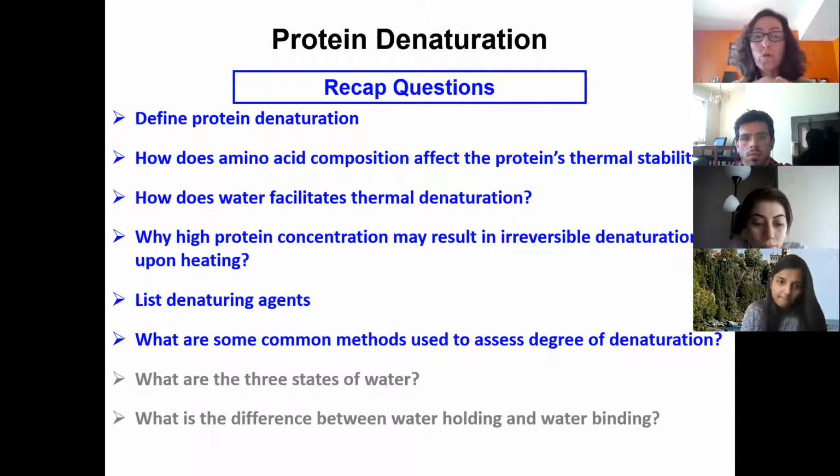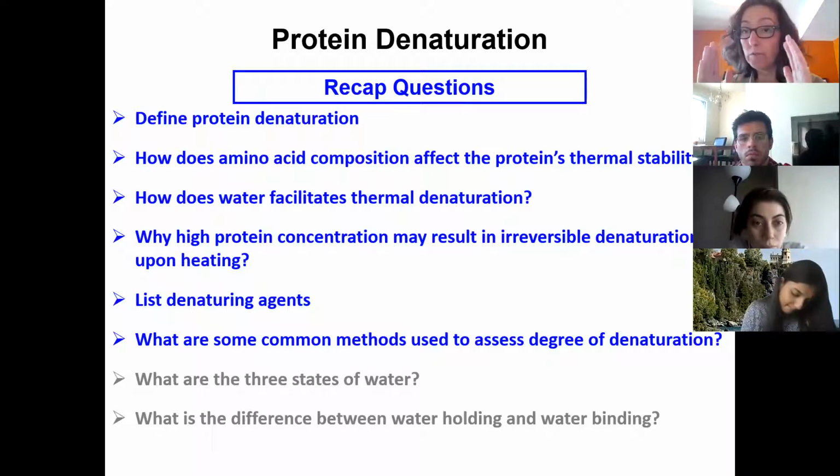Sure. So the more protein you have in solution, and when you start heating, the more movement there is. And if there are a lot of them, there's more tendency for them to get in close proximity to form hydrophobic interactions. But if you have free sulfhydryl groups, that will also facilitate disulfide interchange.